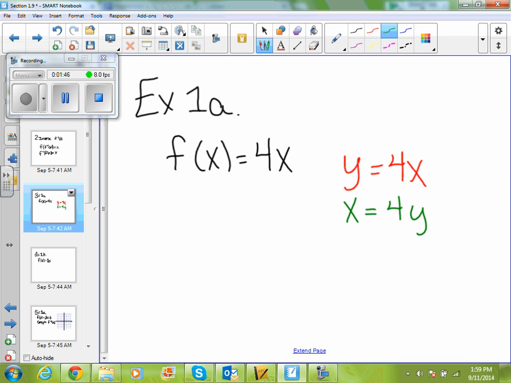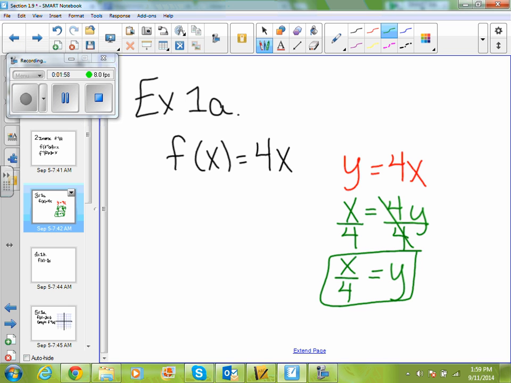So how would we solve that? Divide by 4. So y would equal x over 4. So this is my inverse, which I could rewrite as f inverse of x equals x over 4. Okay, means the same thing.